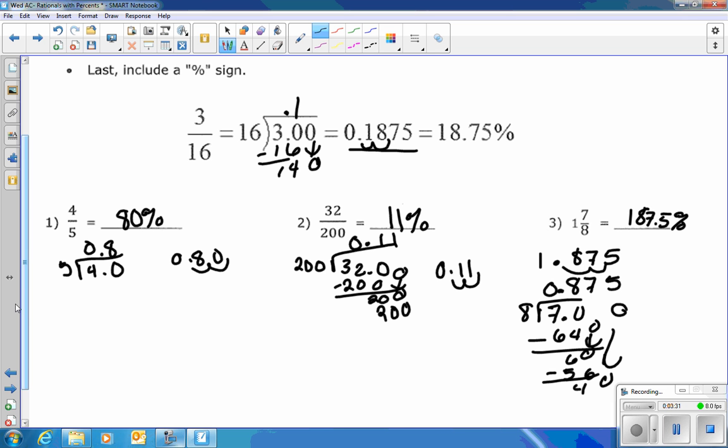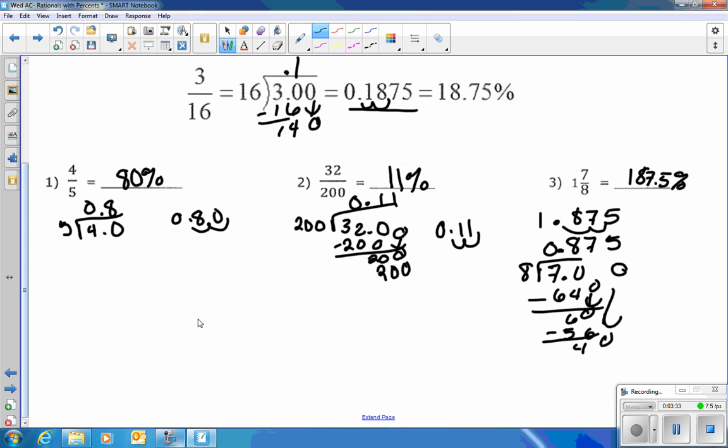There is another way that you can do this that may be a little bit easier sometimes, but it doesn't work all the time. If you can multiply the denominator by something to come up with 100, you should do that. So 5 times 20 is 100. So if you multiply the top, that gives you 80.